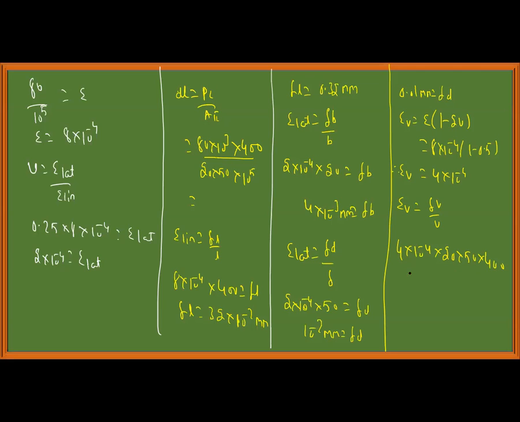Tell me what is delta V. Therefore, delta V is 160 mm cube.